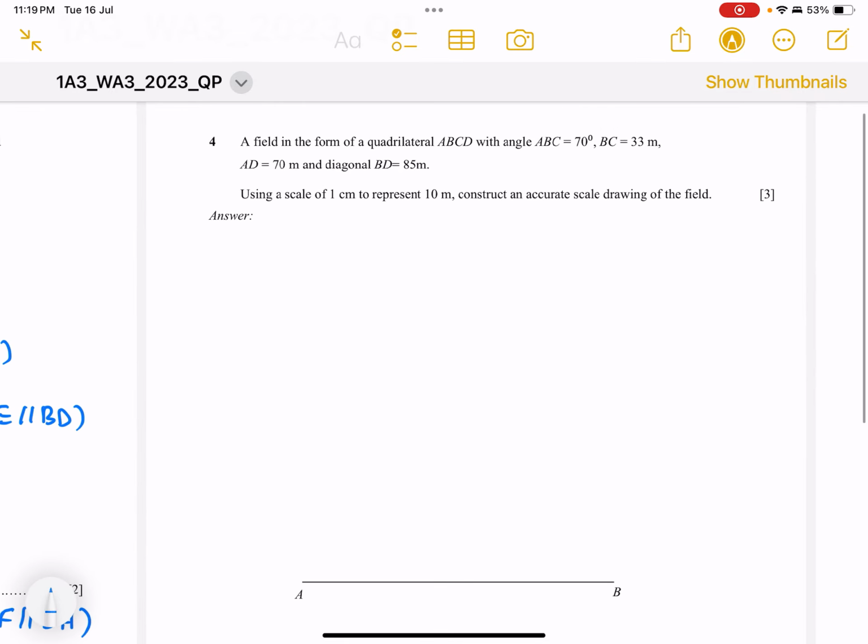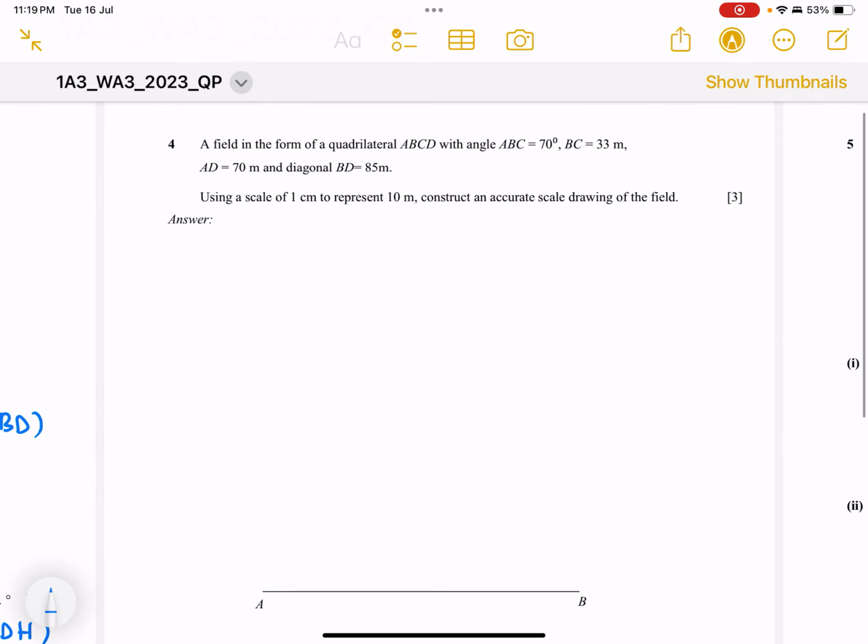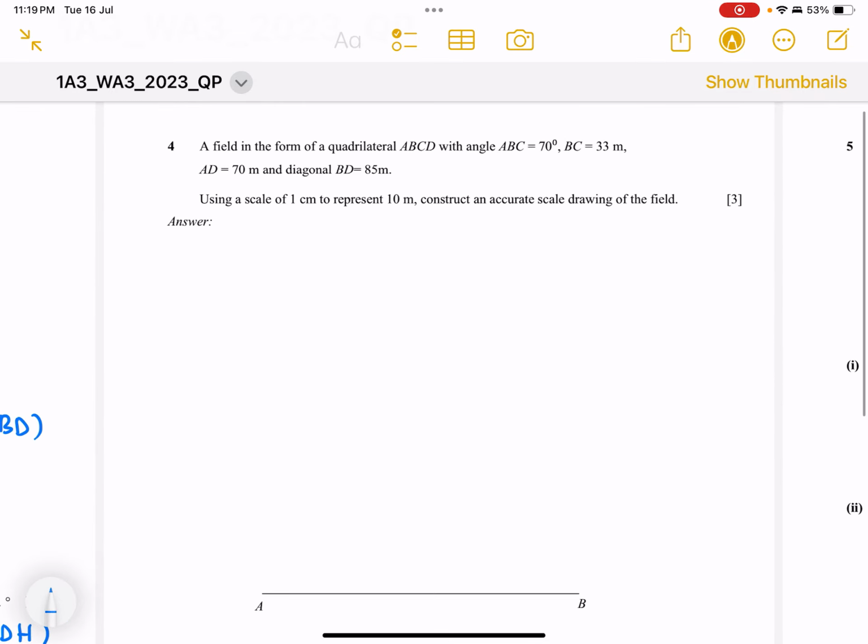The next question is on construction. We are to construct a quadrilateral ABCD, so we always draw a rough diagram A, B, C, D, and ABC is 70, followed by BC is 33.